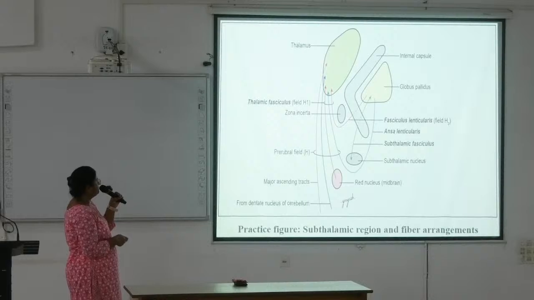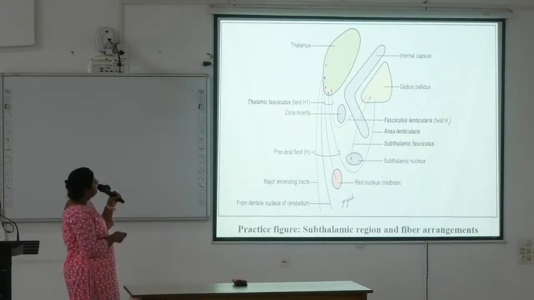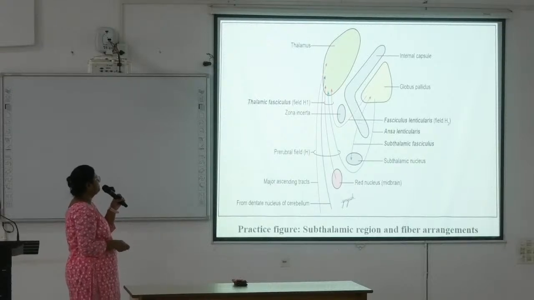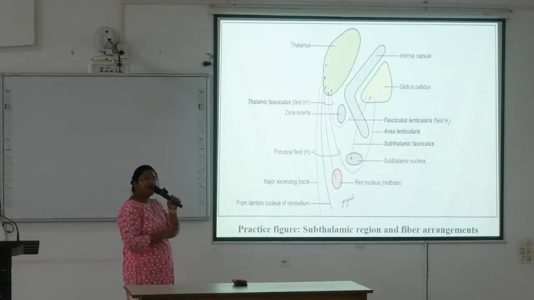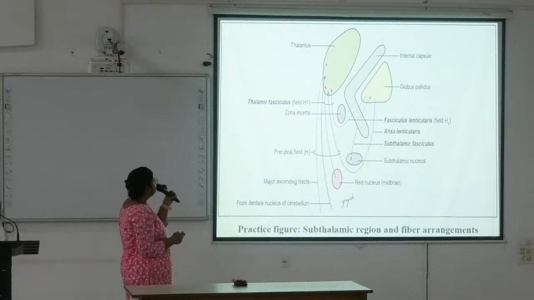Prerubral field, major ascending tract from the dentate nucleus of the cerebellum, from the red nucleus, it is coming from the globus pallidus. Okay, this blue one and red fiber. So all these are going to the thalamus. And from the subthalamic nuclei and globus pallidus, these two are also connected with each other.